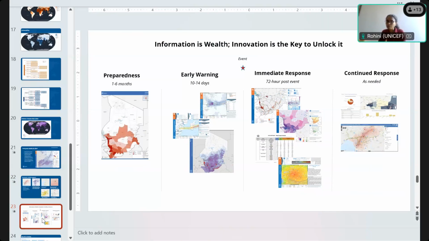And immediately after, as soon as possible, and 72-hour, the 3-day period is the most critical period, we start putting together how many people could potentially be impacted. This is all based on satellite-based analysis. And it's not only to find the people, but also to raise the resources needed, right?